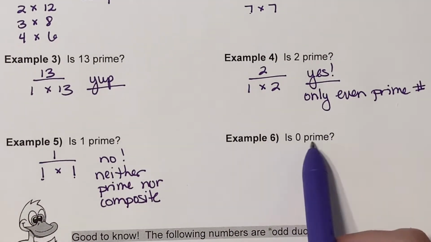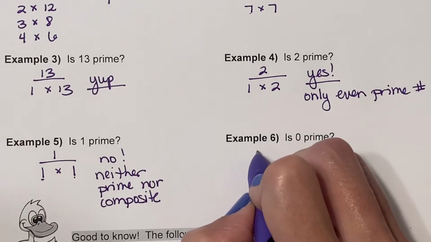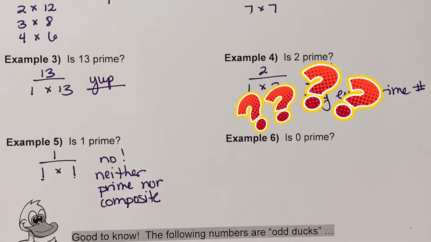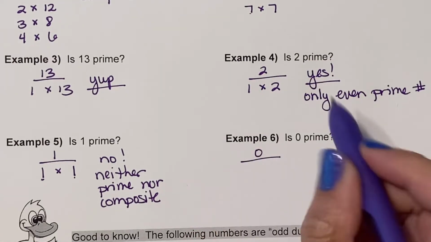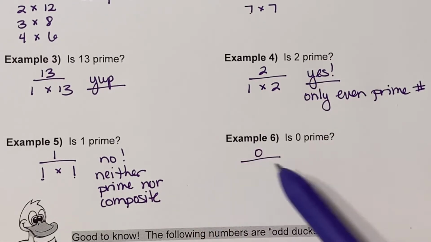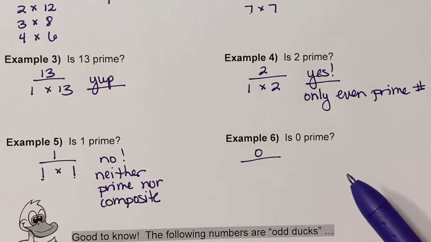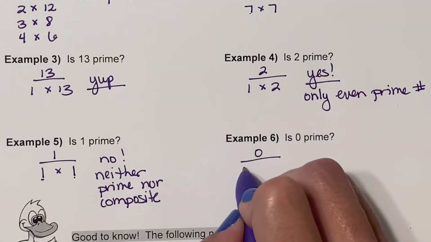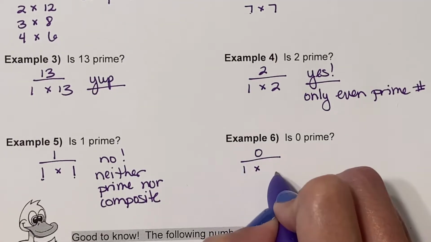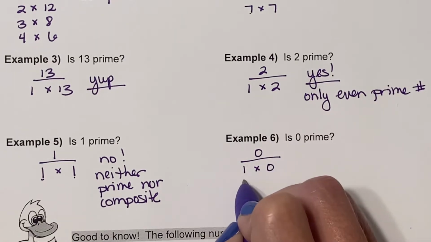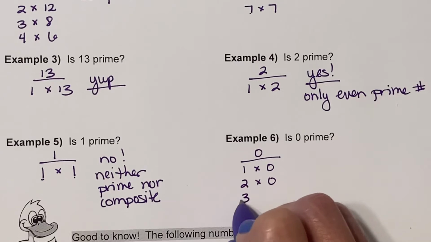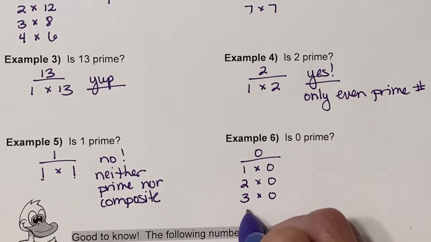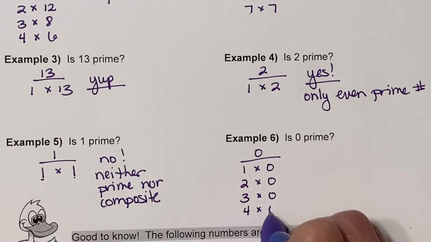Let's look at another unique one, 0. Remember, a factor of 0 is any number that is multiplied by another number to get 0. This one's interesting because, well, 1 times what gives me 0? 0. 2 times 0, 3 times 0, 4 times 0.